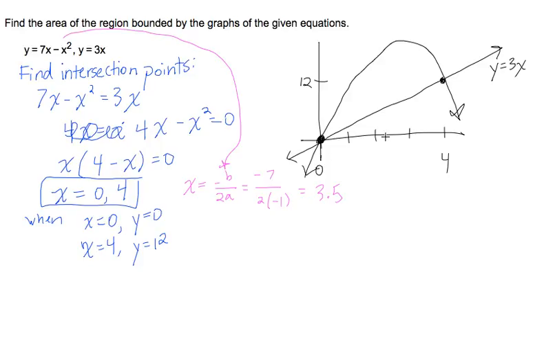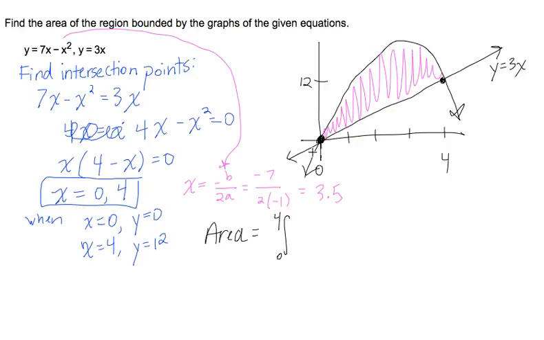The point is just simply that the parabola is greater than the linear function for x values between 0 and 4. And it's important which one is on top because that helps us know how to set up our integral. Okay, we're going from 0 to 4 as our limits of integration.